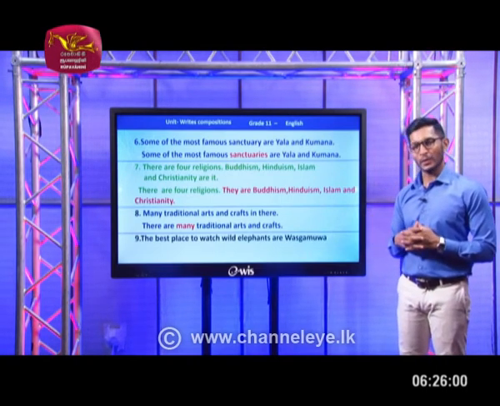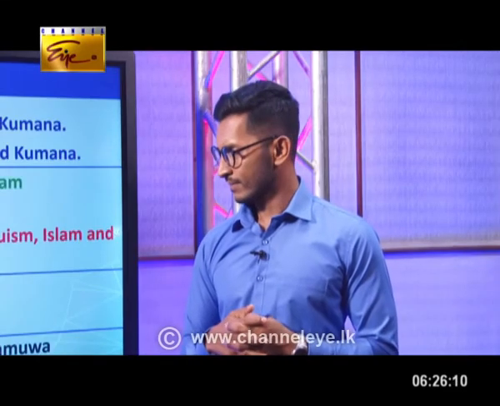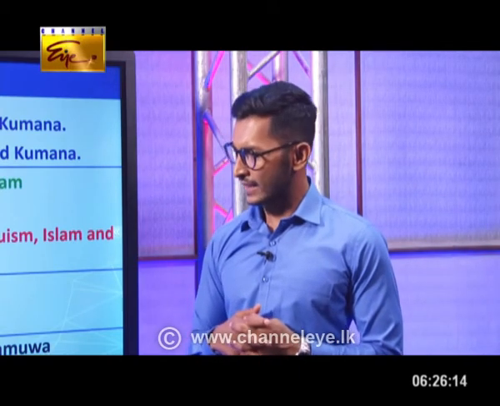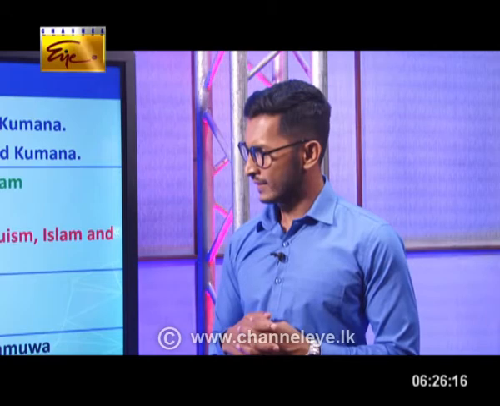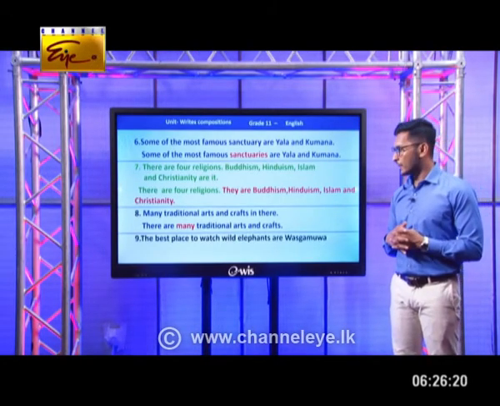See the last sentence over there. The best place to watch wild elephants are Wasgamuwa. Can you spot the mistake in this sentence? It is apparently correct. No, that's a mistake. What is it? The mistake is with the verb.